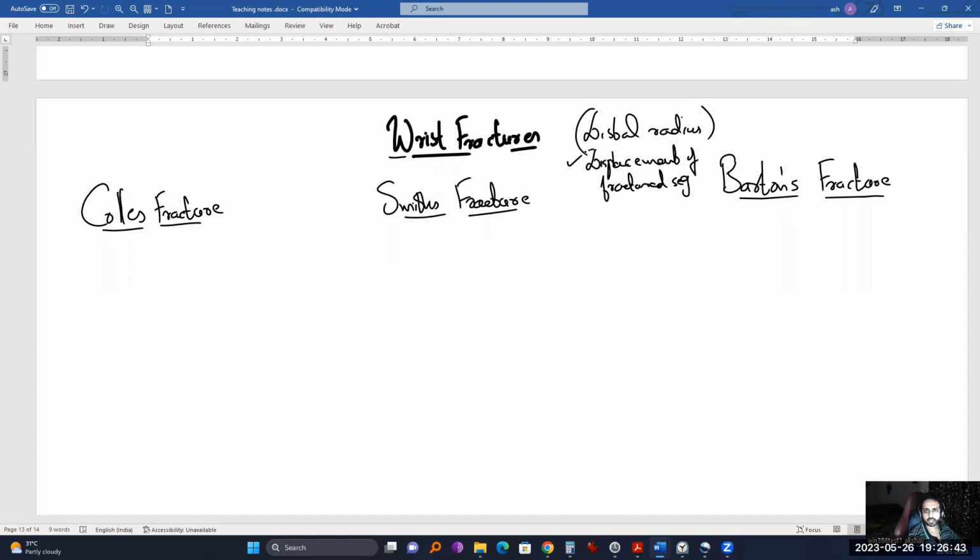Based upon the displacement of the fractured segment, whether it is dorsally displaced or volar displaced, these distal radial fractures are given different names. That is the most important thing you need to remember.